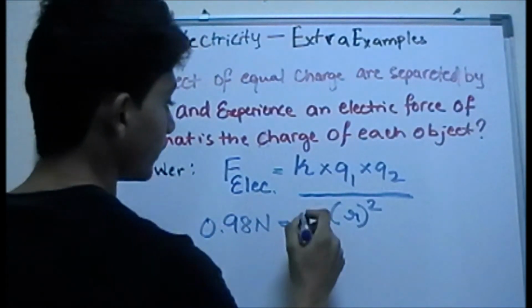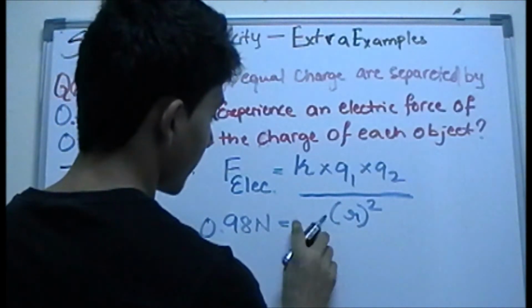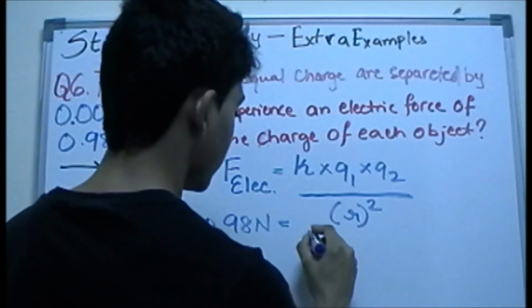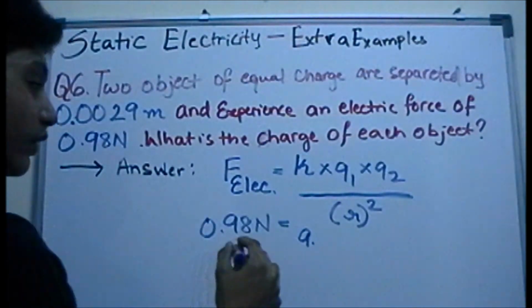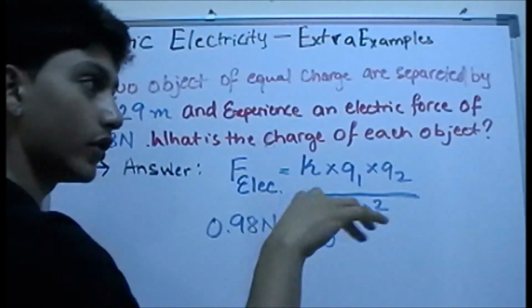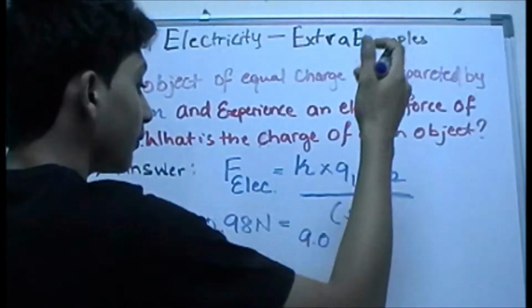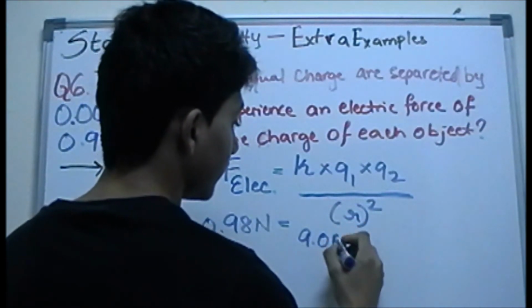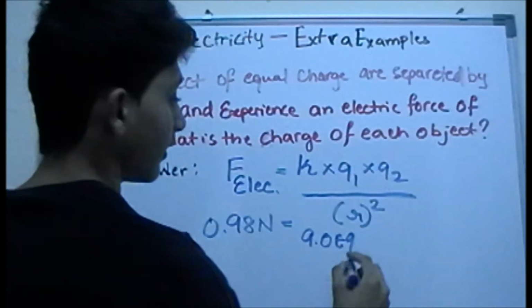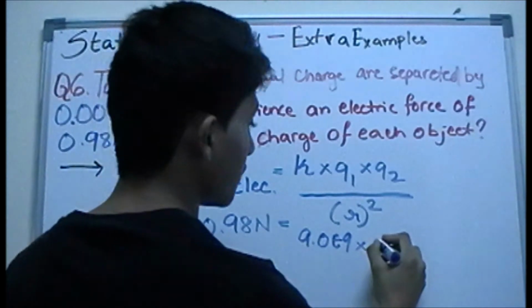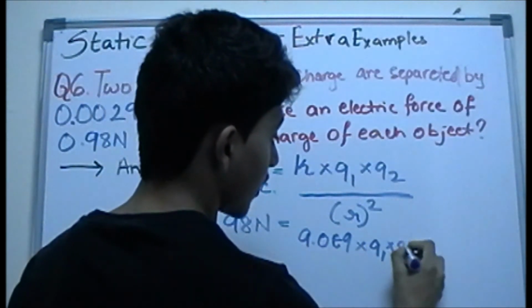So the electric force we have is 0.98 newtons, which is equal to K, which is 9.0. You don't write times 10 to the 9 power, you can write E 9, times the quantity 1 that we don't know times the quantity 2.